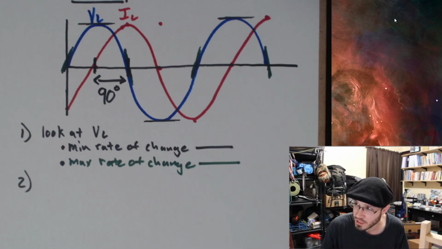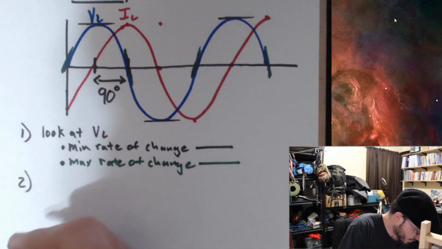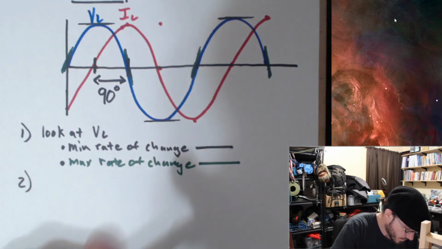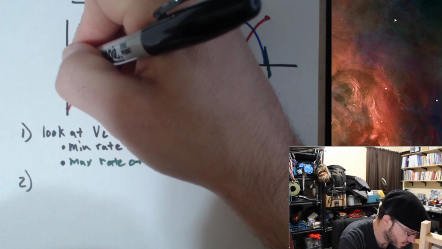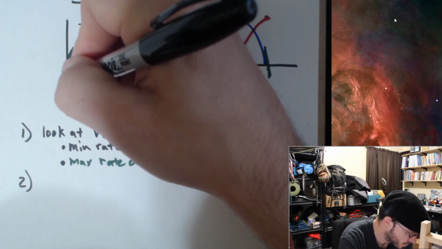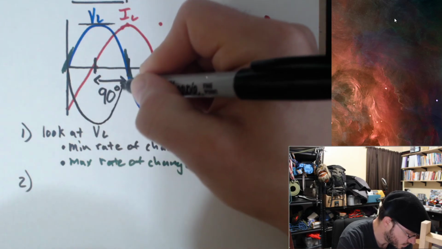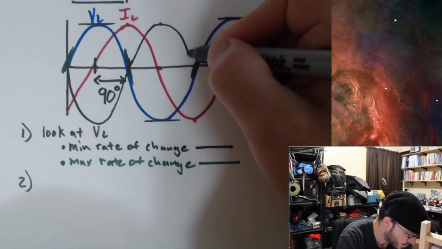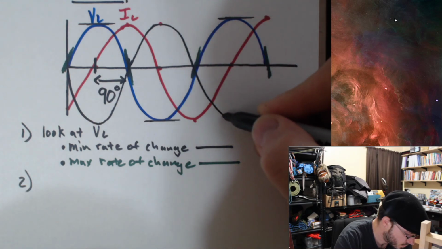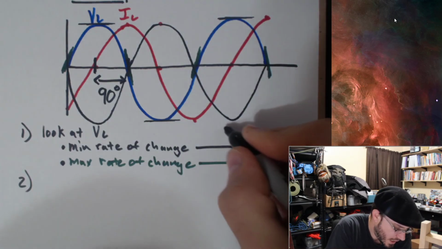It's the induced voltage, and it's always opposite of the change that caused it in the first place. Well, the back EMF is doing this.